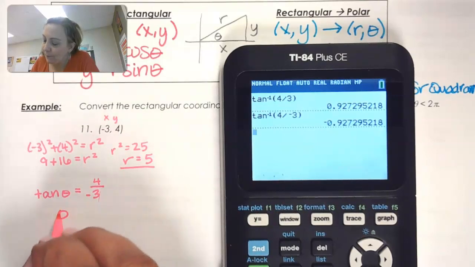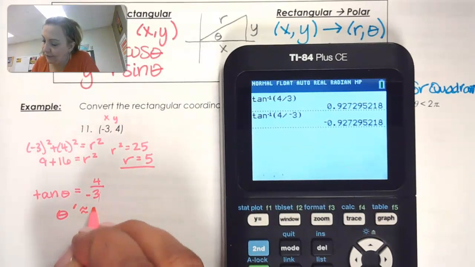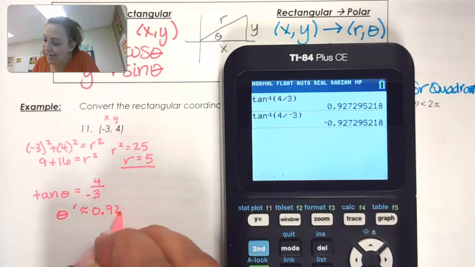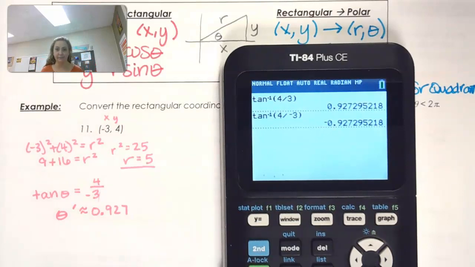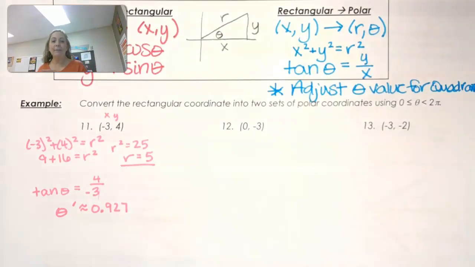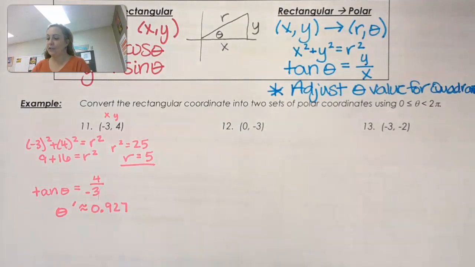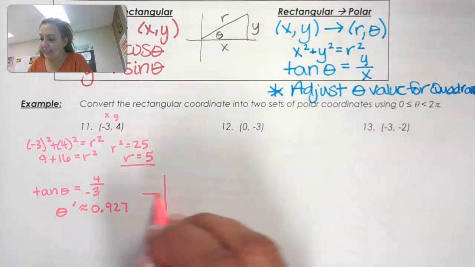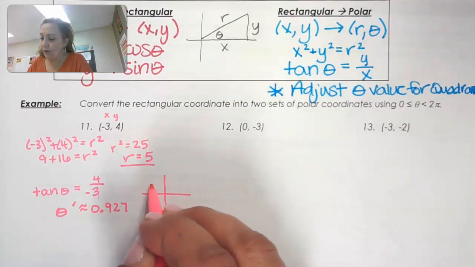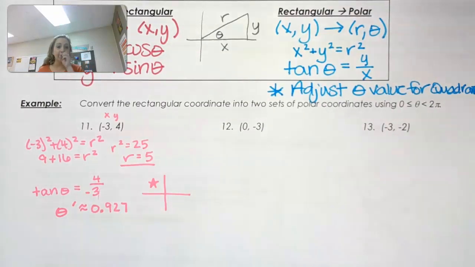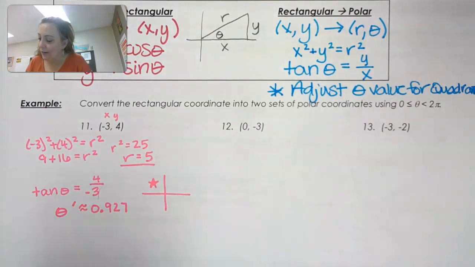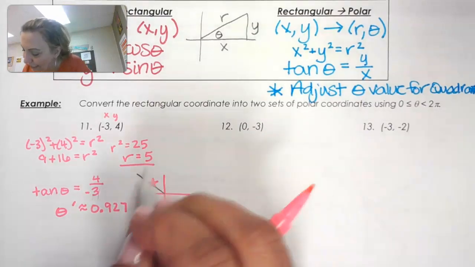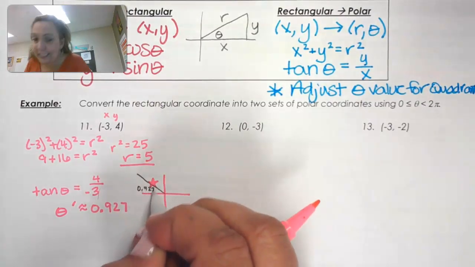So my theta prime, my reference angle, is going to be 0.927. Now, let me think about where this rectangular coordinate is going to land. -3, 4 is going to land here in quadrant 2. And so that reference angle, that 0.927, is here.